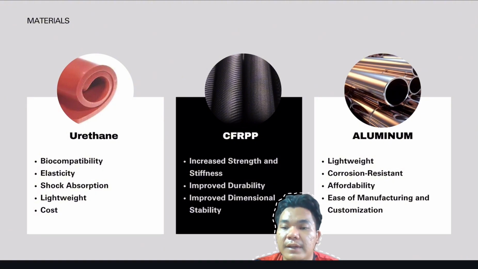And the last one is ease of manufacturing and customization. This is very important because in making prosthetic legs, we must customize the prosthetic legs according to the patient's conditions, their weight, their height, and also their ages and their daily activities. So by using materials that have ease of manufacturing and customization, we can greatly reduce the cost and also increase the customization of the prosthetic legs.